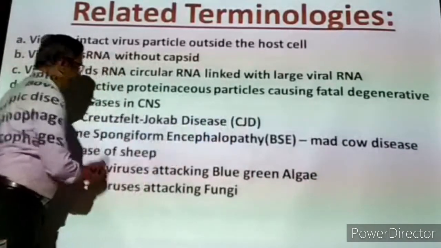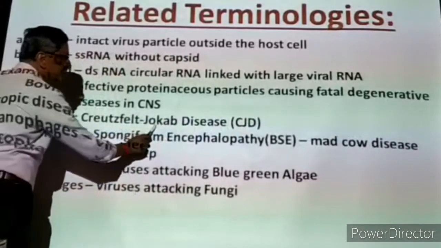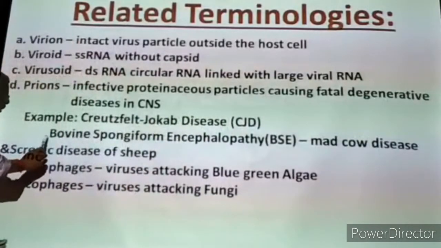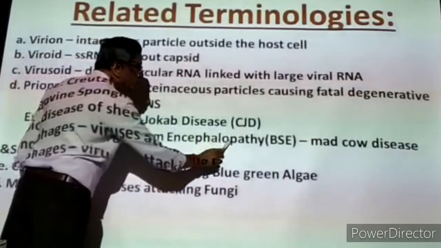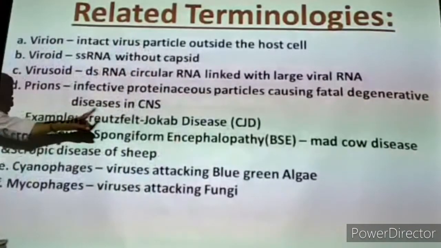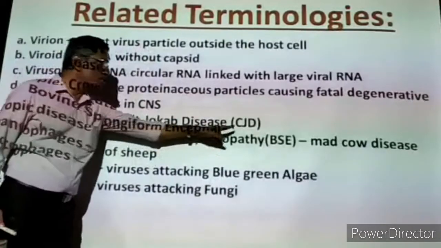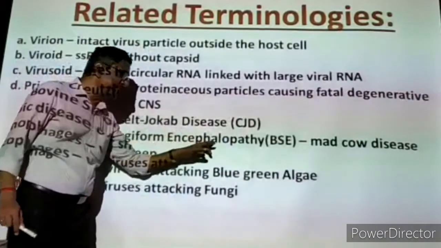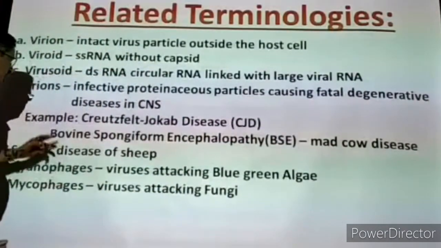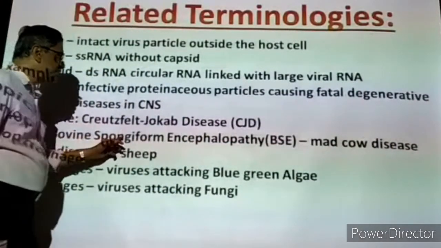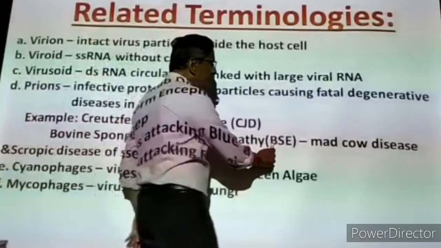CJD, that is the abbreviation for Creutzfeldt-Jakob disease. The second one is bovine spongiform encephalopathy. Here encephalo means brain. Problem in the brain, encephalopathy. This is bovine spongiform encephalopathy, BSE.